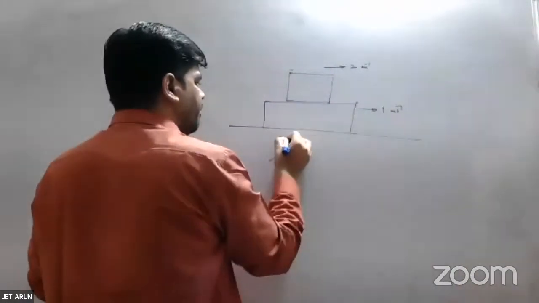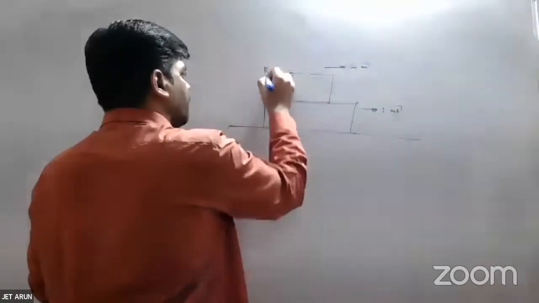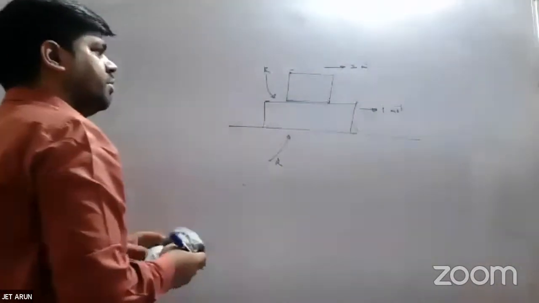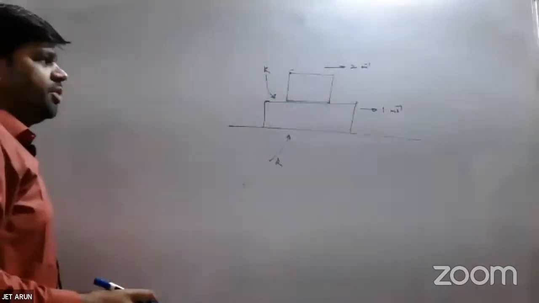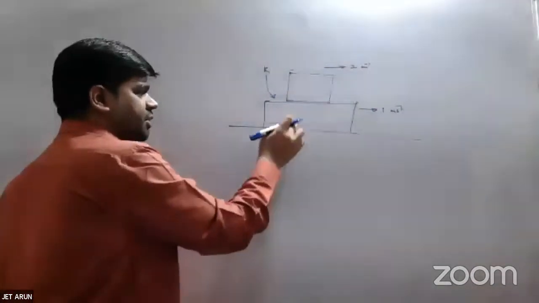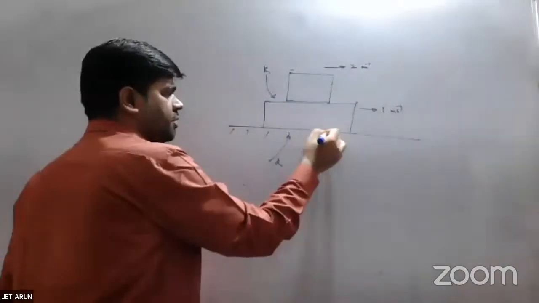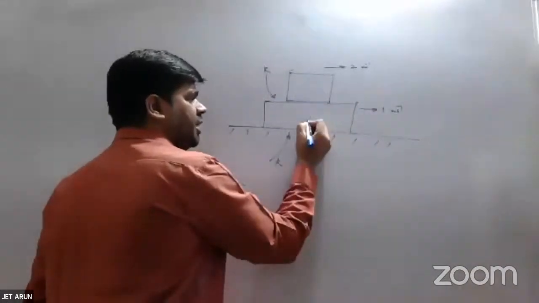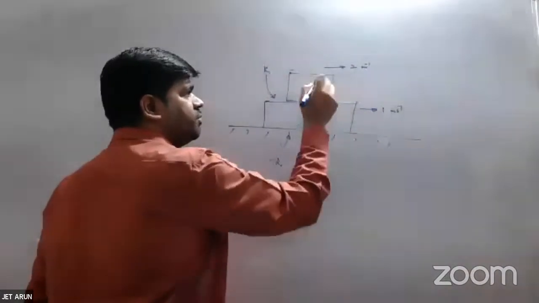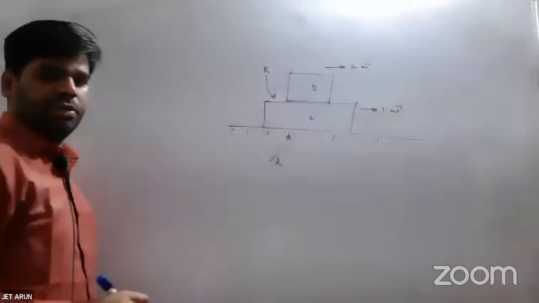This is rough. This is rough. So there is kinetic friction now between these two surfaces. This is a rigid surface. It is not moving. This is moving with 1 meter per second. Block A is moving with 1 meter per second. Block B is moving with 2 meters per second with respect to the ground.